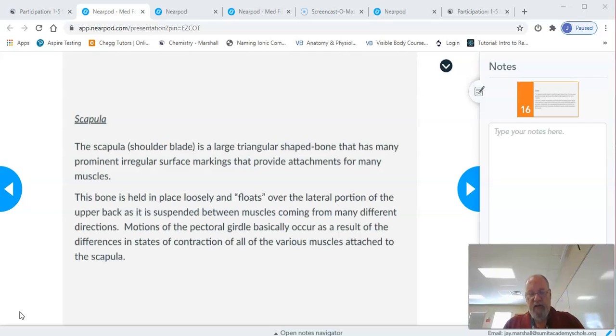So it's usually this combination of states of contraction that pull the scapula to one side or another, or up or down, much like that camera out over the football field.